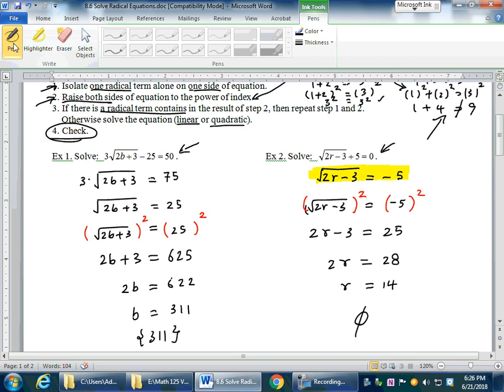That statement is already contradicting. So if you remember the conceptual part, you can conclude from that step right away to say no solution. A lot of times we will do it systematically, so you need to check for sure. Okay, don't forget to check.